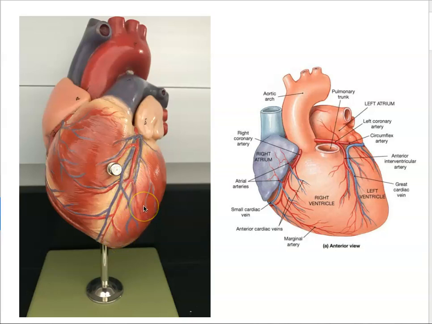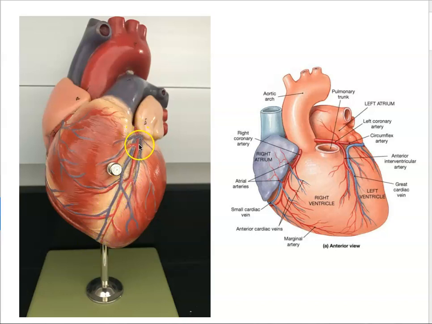The veins that drain the artery are traveling in the opposite direction. They are taking the used up deoxygenated blood from the heart muscle up in this direction. So remember, coronary arteries and their branches take blood down in this direction. The veins are going in the opposite direction.